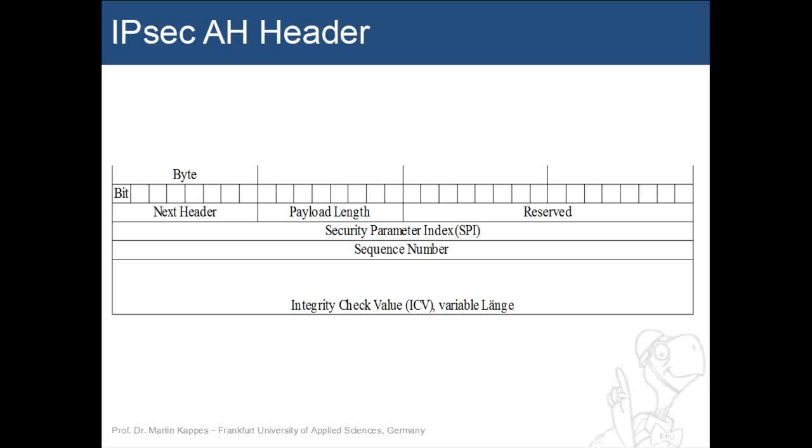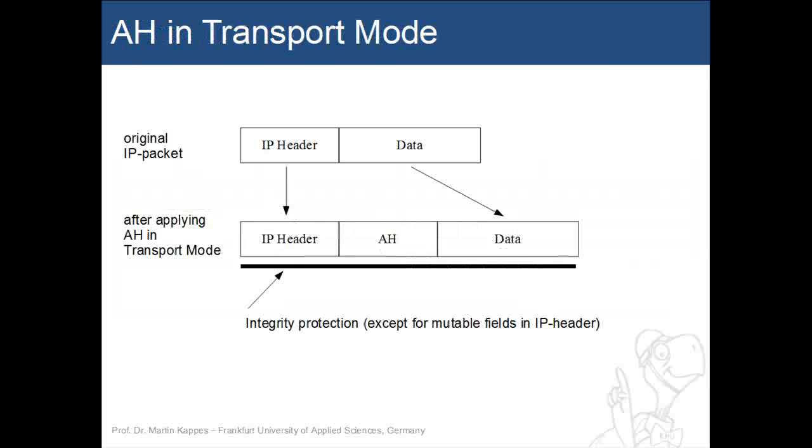Depending on whether AH is used in transport mode or tunnel mode, the structure of a packet can differ, or does differ. Here you see the authentication header in transport mode. What happens is, of course, that the IP header pretty much remains unchanged, and between the payload and the IP header there is the authentication header, which contains the information just discussed.